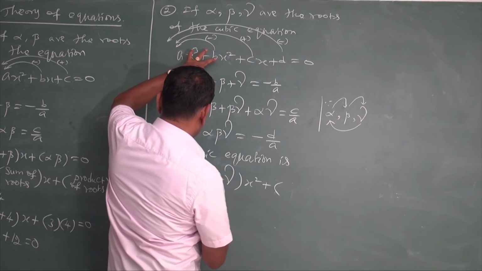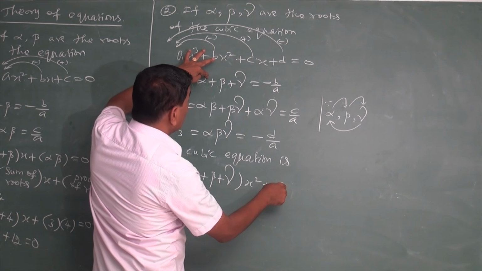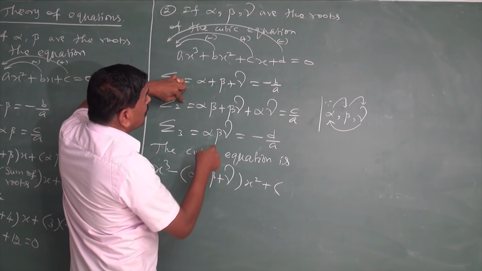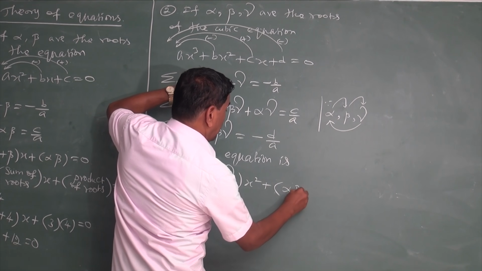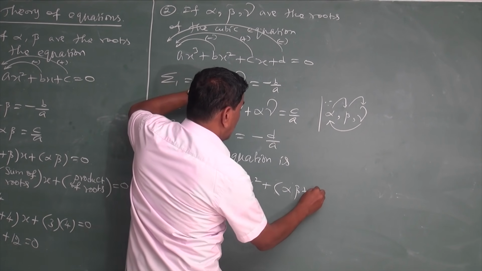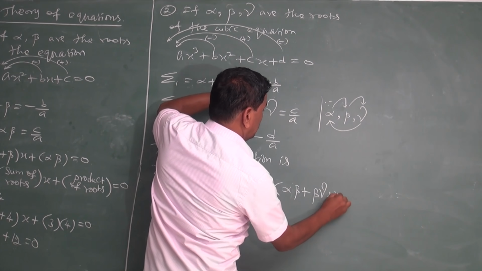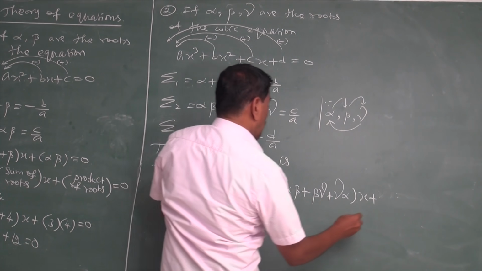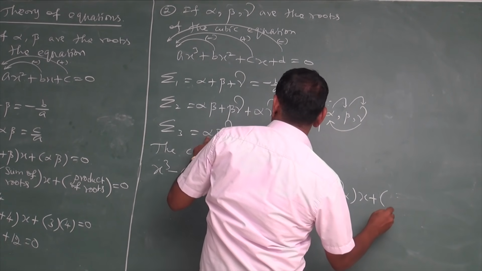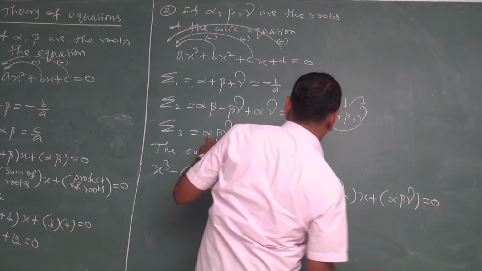Now plus the sum of the roots taken 2 at a time, that means alpha beta plus beta gamma plus gamma alpha, into x, minus the product of the roots, which is sigma 3, alpha beta gamma, is equal to 0.